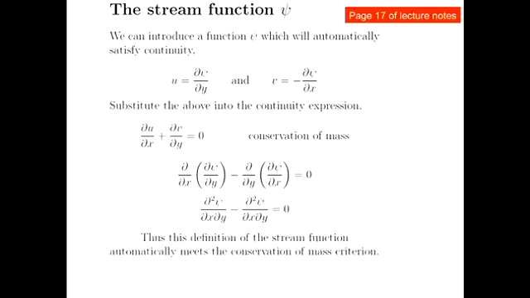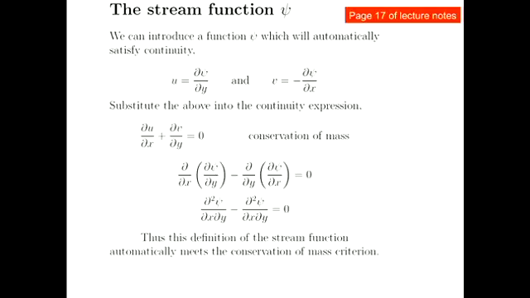So what we end up with is this automatic satisfying of the continuity equation. Does that make sense? Psi is an intermediate variable that automatically satisfies continuity, and there's nothing mysterious about it. It's just saying that I can't make up any flow field and have it satisfy continuity.